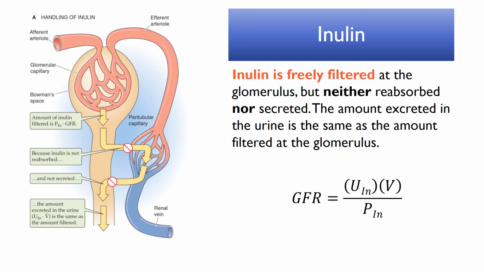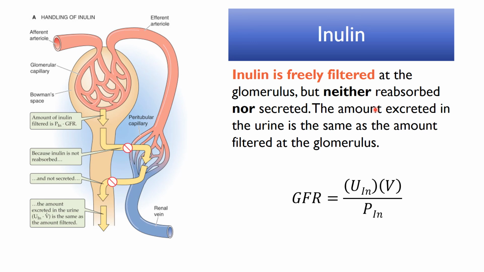One of the substances that meets those four conditions is called inulin. Inulin is freely filtered at the glomerulus, but it's not reabsorbed or secreted. And the amount that appears in the urine is exactly the same as the amount filtered at the glomerulus.